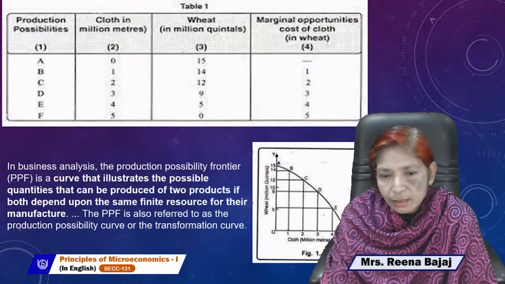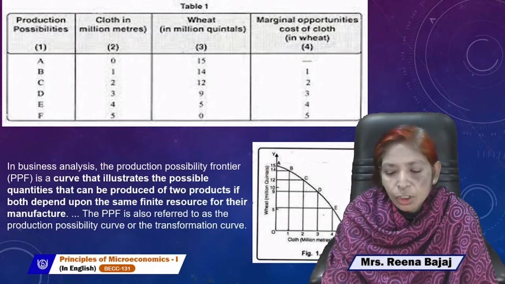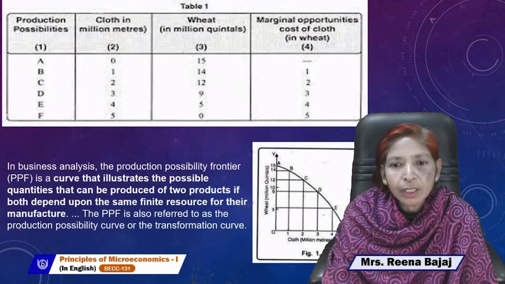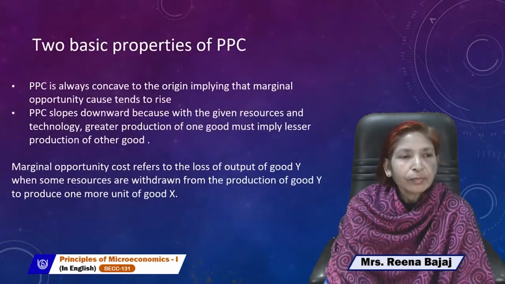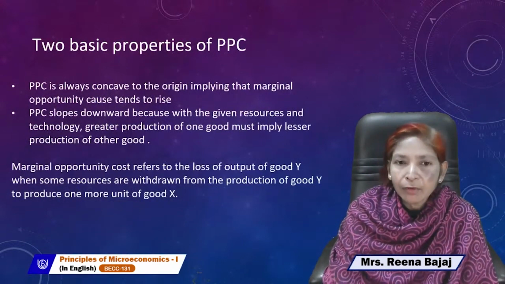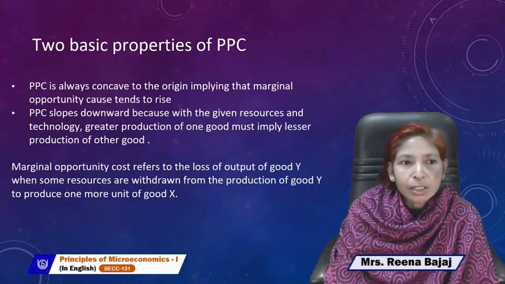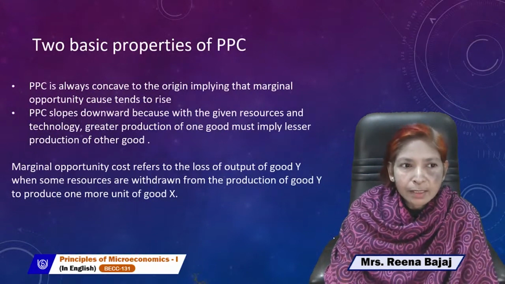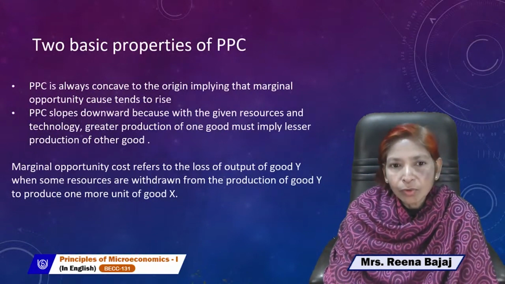All the points which lie on the PPC curve show full employment and full availability of resources. The two basic properties of PPC: it is always concave to the origin, which implies marginal opportunity cost tends to rise, and the PPC slope is always downward with the given resources and technology.